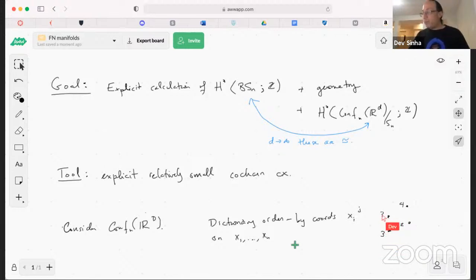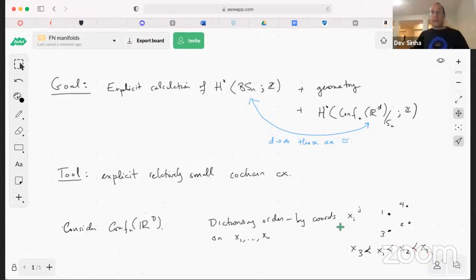So 3 becomes the first point. x1 is the second point because it shares its first coordinate. Then x2, and then x4.